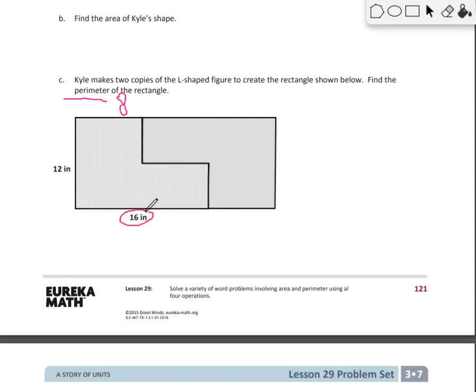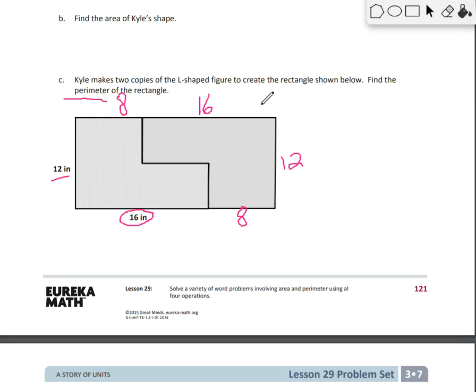So if this long L thing is 16, this long L thing is 16. If this side is 12, this side has to be 12. If this little piece is 8, that little piece is 8. We got these numbers from our work on part A. It's the same shape, he's just taken another one and he's glued it together.